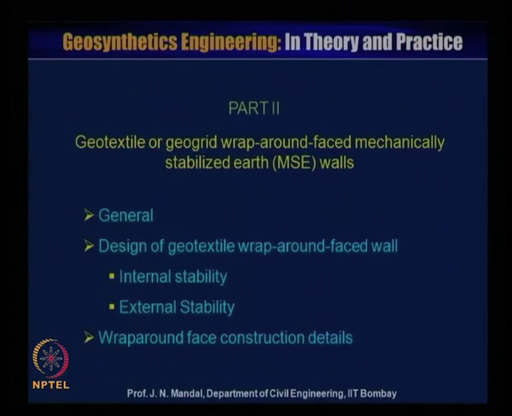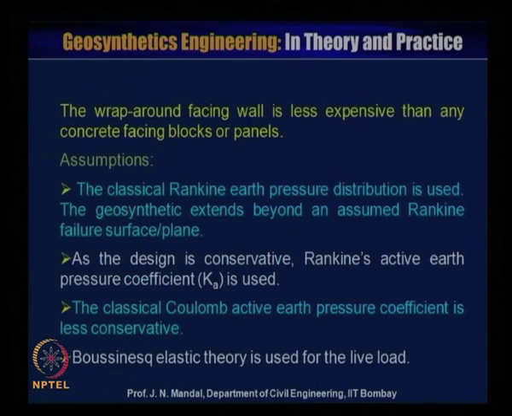Now I will address part 2, geotextile or geogrid wrap around face mechanically stabilized earth wall. This will cover the general design of the geotextile wrap around face wall, internal stability, external stability, and wrap around face construction detail.